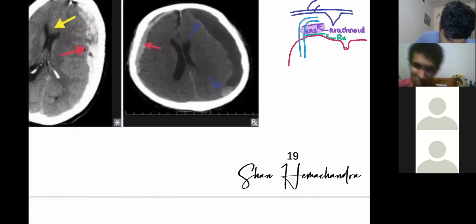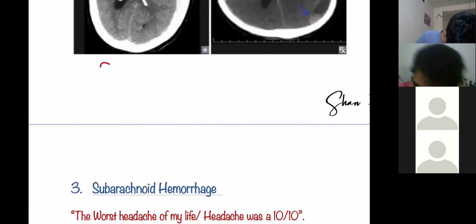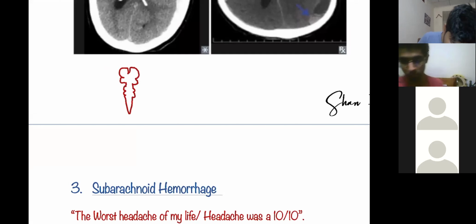Don't draw this, just try. If this is the brain, this is the pia mater, which you are supposed to draw, literally touching the whole brain. And the brain is floating around in the subarachnoid space.